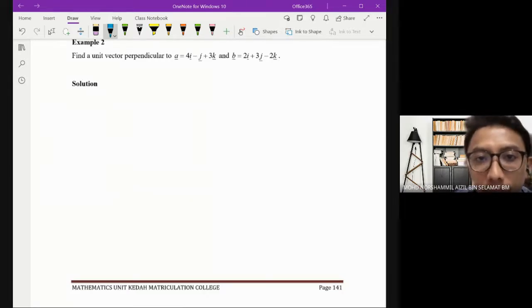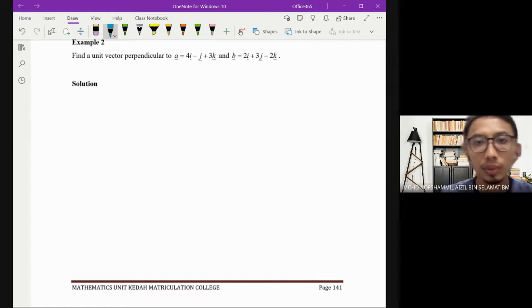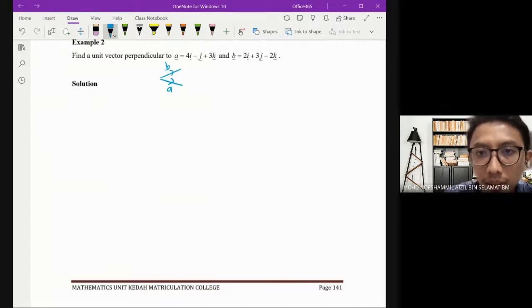Okay, example number 2. Find a unit vector perpendicular to vector A and vector B. Unit vector perpendicular. Maksudnya guys, kalau ni A, ini B, dia nak yang perpendicular, yang ni. Tapi dia nak unit vector.